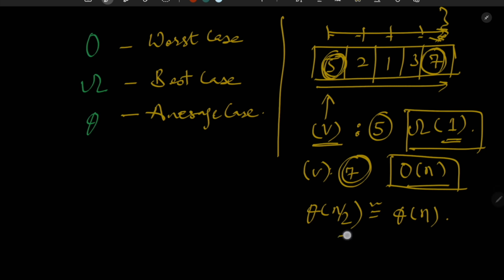So we had this constant value of 1 by 2, we ignored it, and it's as good as writing n itself. But anyway, this is the average case time complexity, but as I told earlier, this is not very much used, and this is rarely used, and the only thing that you should be concerned about is big O of n.